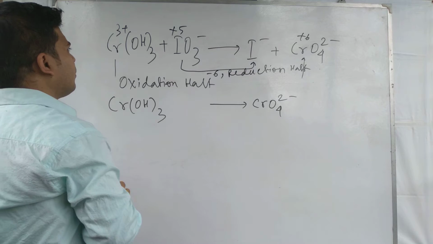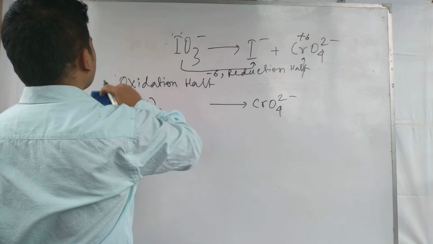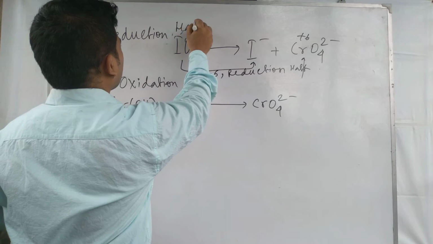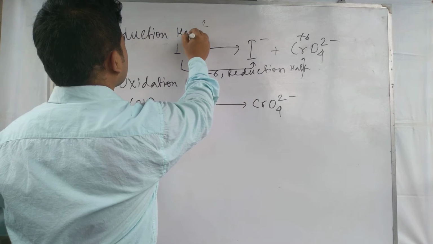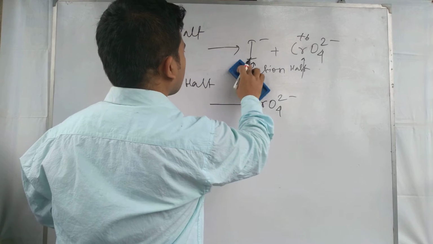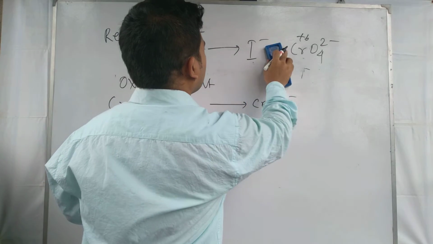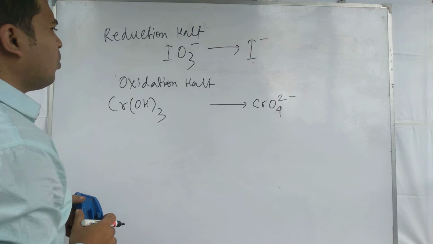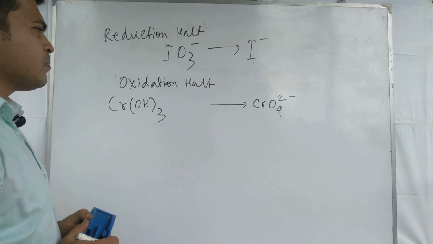And for the reduction half, we write it as iodate to iodide, because a decrease in oxidation number is taking place here, and in the other the increase of oxidation number is taking place.